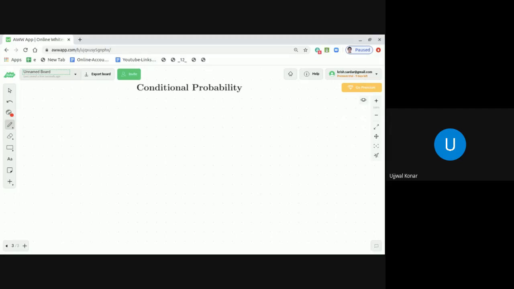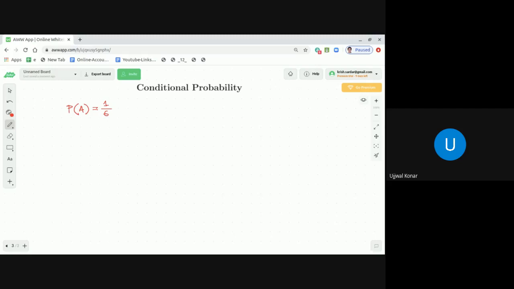Why? Because the number of cases favorable to the event is 1. That is, 2 can come only once, and divided by the total number of events, which is 6. So if we say that event A is getting a face 2, the probability of A is equal to 1 by 6.